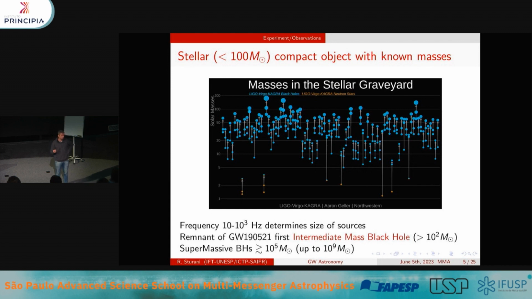Actually, they are not at all electromagnetic emitters, but they might have a companion. The companion might be so kind to donate matter to the black hole, and the accelerated matter will emit light. So we see few black holes in our galaxy, and they are slightly less massive, around 10-ish solar masses.